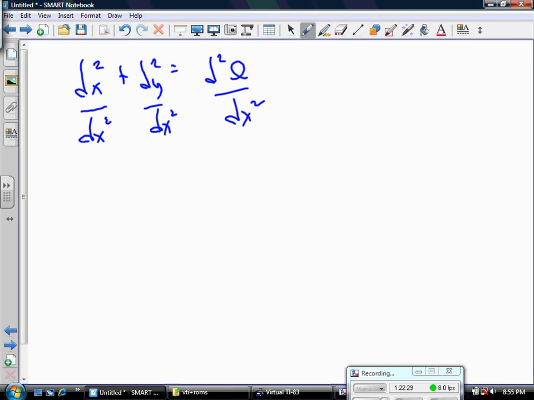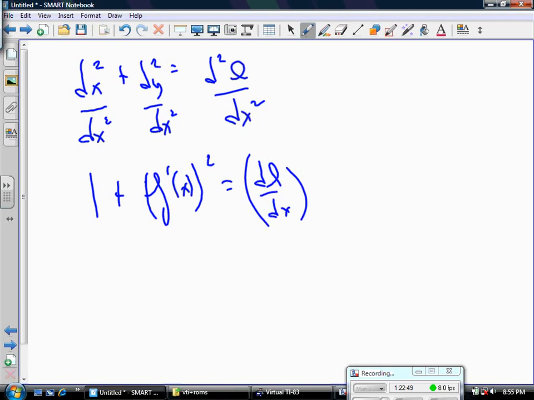I can divide by dx. Okay, what's dx squared divided by itself? 1. What's dy dx? The derivative. I'm going to write it this way. F prime of x squared. Right? And that's going to be dl dx squared.